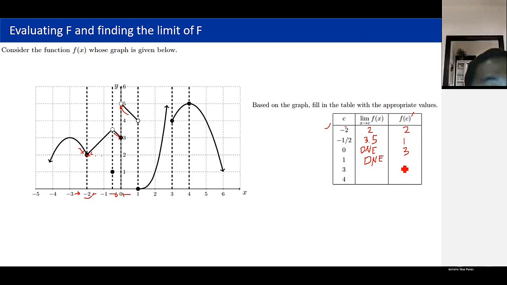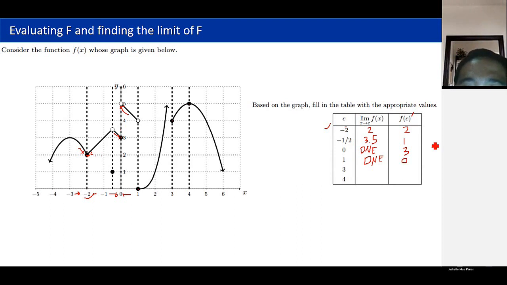Yung tinitingnan natin is yung point, yung solid na circle. Yun yung f of c na linya. Lahat ng mga solid circle ay referring to direct substitution, then we have f of 1, which is equal to 0.